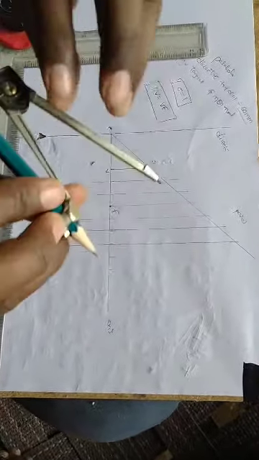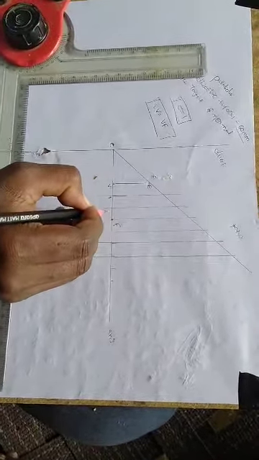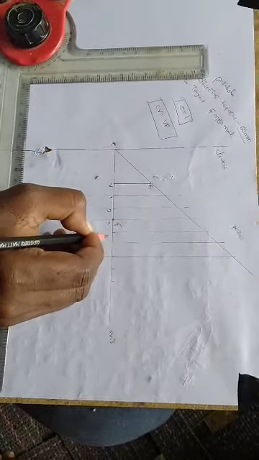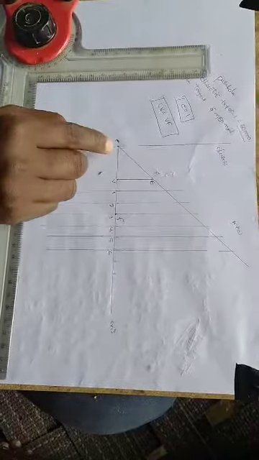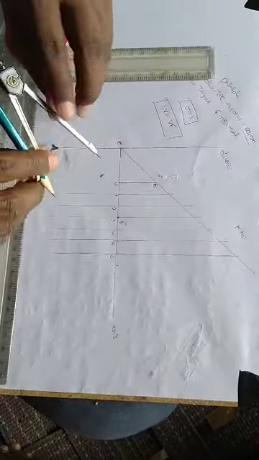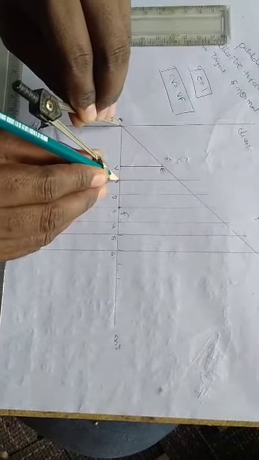Next, number these lines 1, 2, 3, 4, 5, 6, etc. With your compass, take C as the center and C1 as the distance.